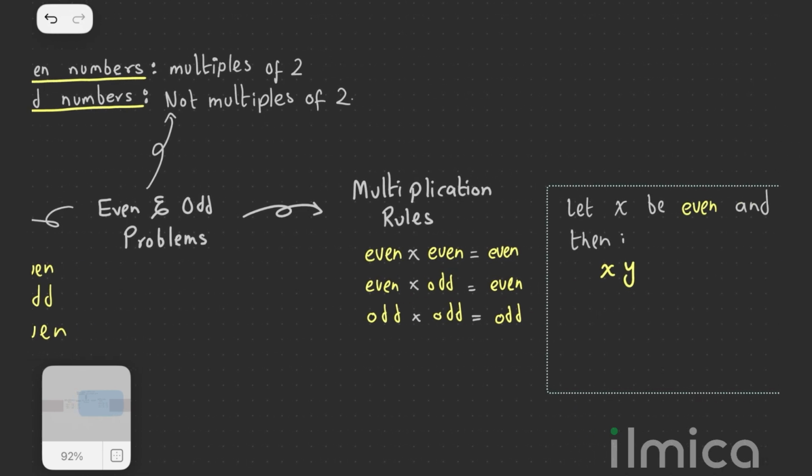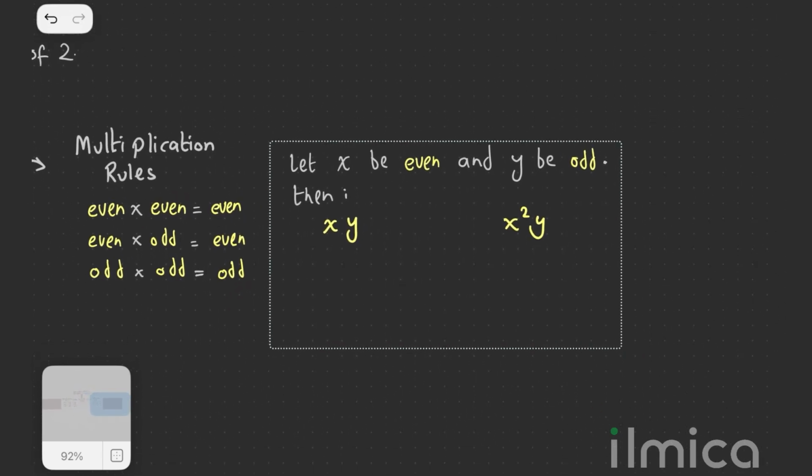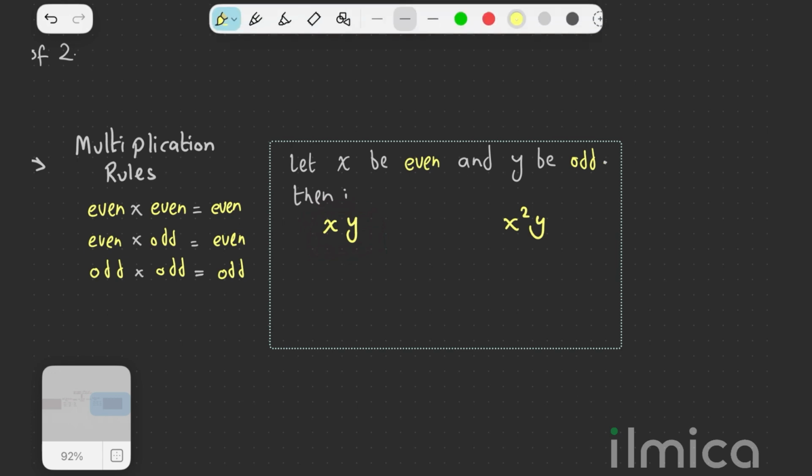Let us try out an example based on that. Let x be even and y be odd. Then what is going to be x times y? When it is written like this, it means x and y are being multiplied. So let us see what is going to be the result of this multiplication.